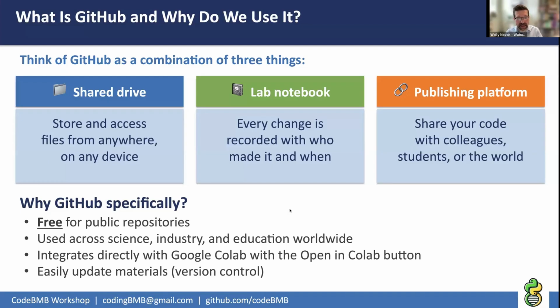You can go back in time to any previous version of your code, which, if you've ever accidentally deleted something important, is really helpful. And it's kind of like a publishing platform because you can share your repositories publicly and anyone in the world can access them, use them, or build on them.